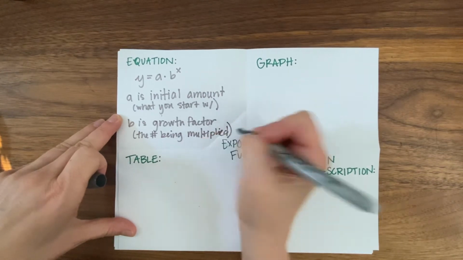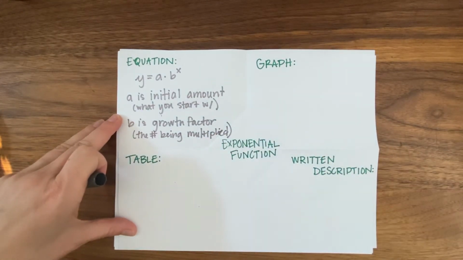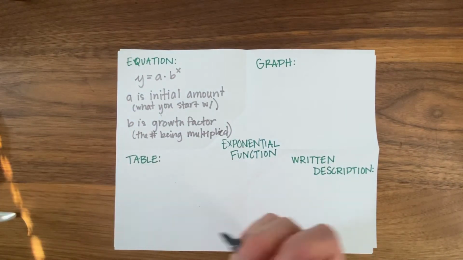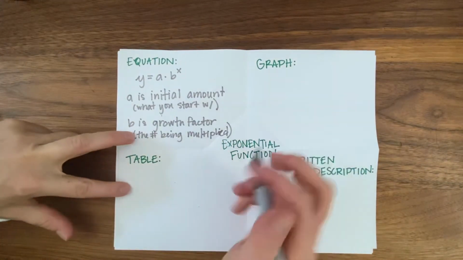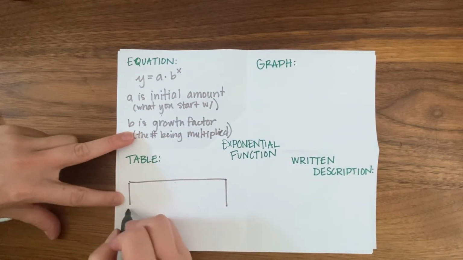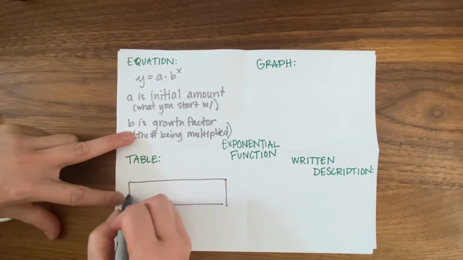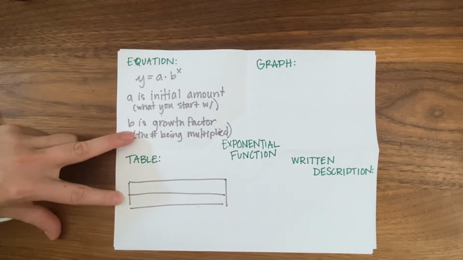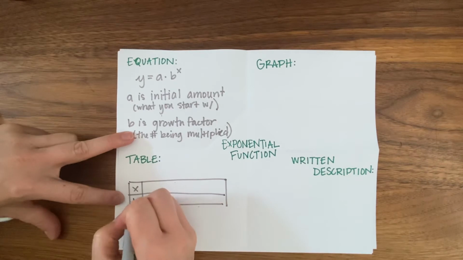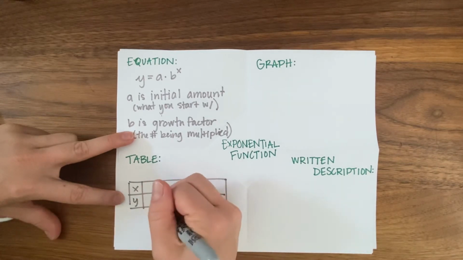Now, we started with the equation, but we could really start anywhere. Next, I'm going to go to the table because that feels natural to me. But if you're thinking about the graph, maybe you were thinking to go there next. Doesn't matter. All right. Now, when we think about a table of values, we have our inputs x and our outputs y.